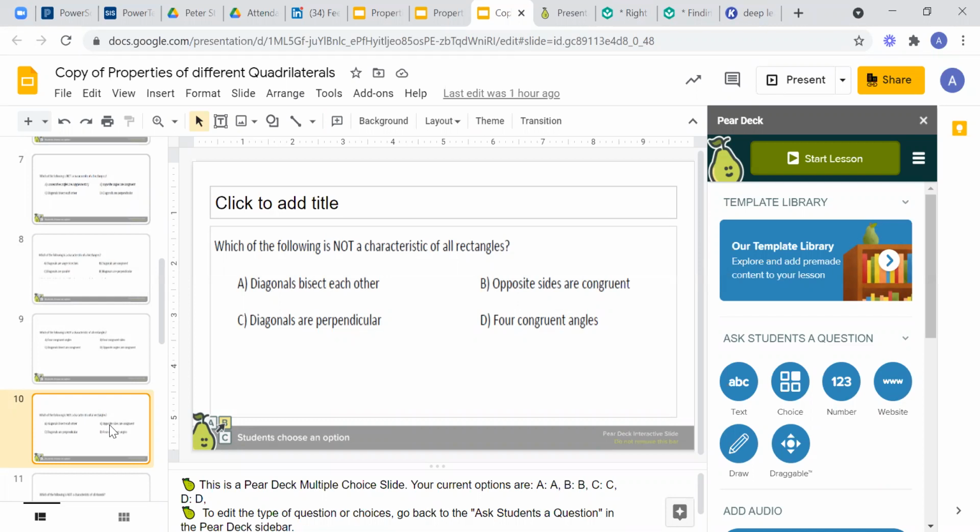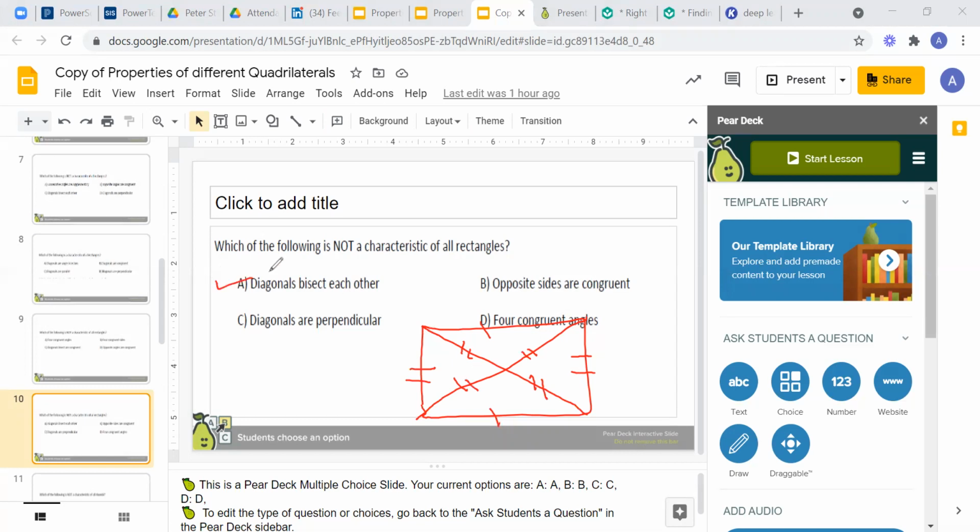Sue, you said A. So if this is a rectangle, this side will be equal to this side. And then the diagonals will bisect each other. Diagonal here, diagonal here. They bisect each other. This equals this, and this equals this. So the diagonals bisect each other.